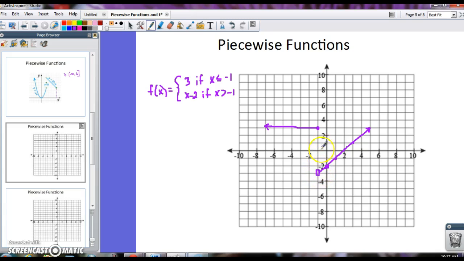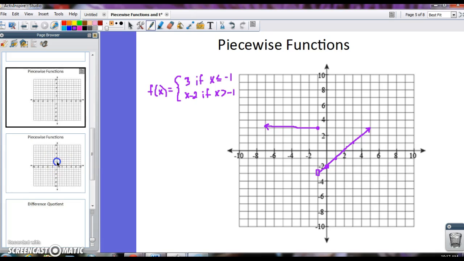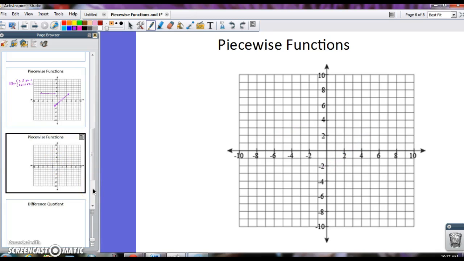If we had a closed circle, then this wouldn't even be a function because it wouldn't pass the vertical line test. Okay, so when you're graphing, you're just going to graph those pieces of the function, hence that piecewise function. Another one that comes up is a step function, or the greatest integer function.